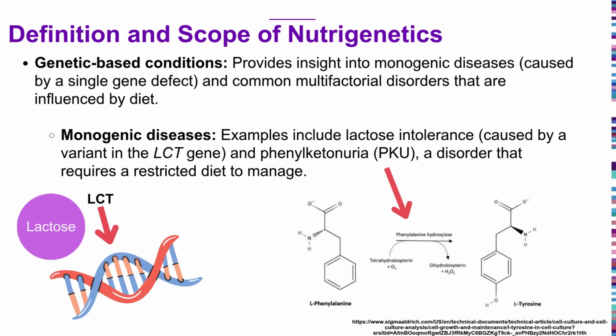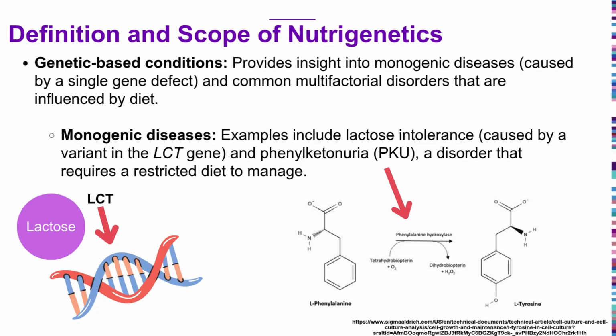Normally, mammals only produce lactase when they are young, but production of the enzyme decreases with age. It is common for people to develop or experience lactose intolerance as they get older. However, variants in the LCT gene can prolong the production of lactase, allowing adults to continue digesting lactose.